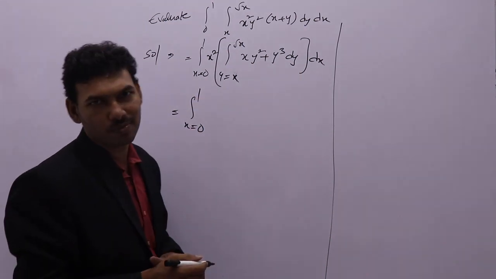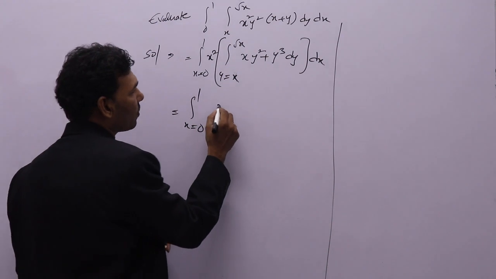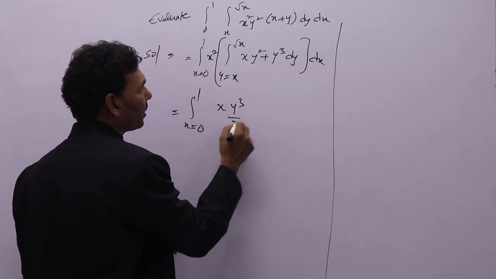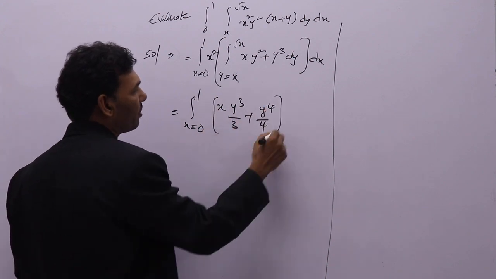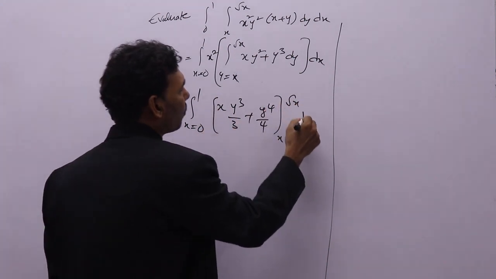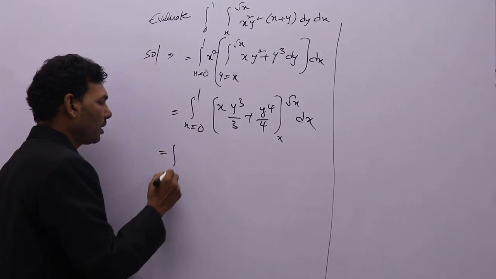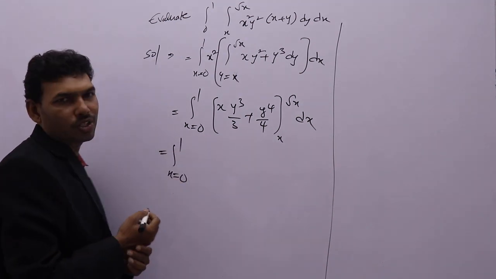Now integrate with respect to y. Integral of y square is y cube by 3. Integral of y cube is y power 4 by 4. Limits from x to root x, dx, integral x equal to 0 to 1.